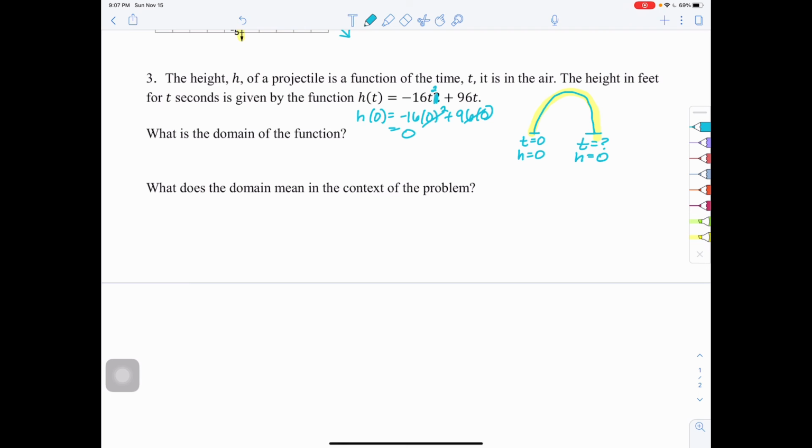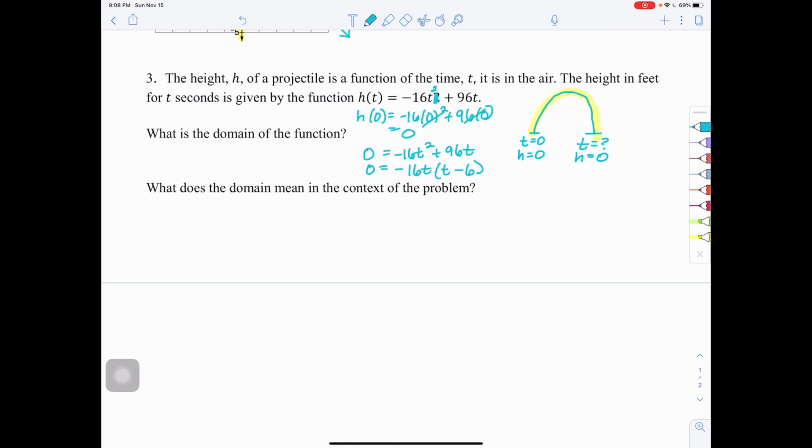So let's see when this height is 0. So 0 equals negative 16t squared plus 96t. Let's see if we can factor out a negative 16t. And we have a t minus 6.